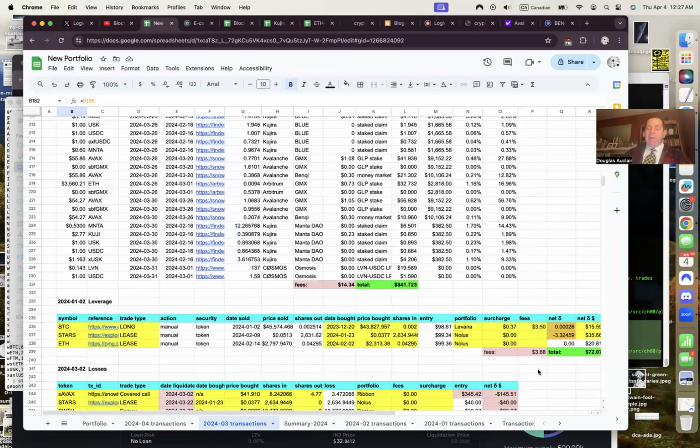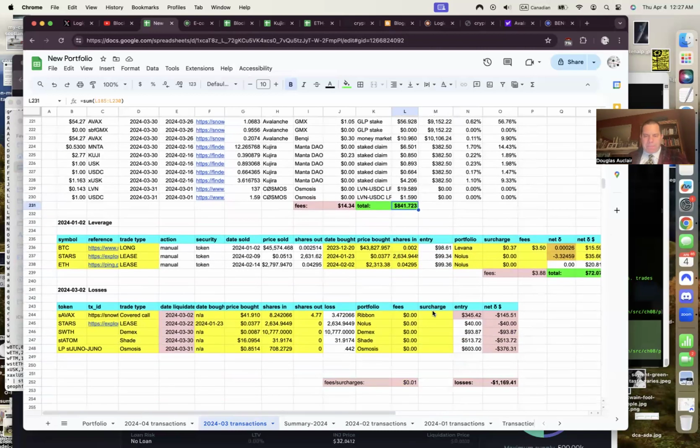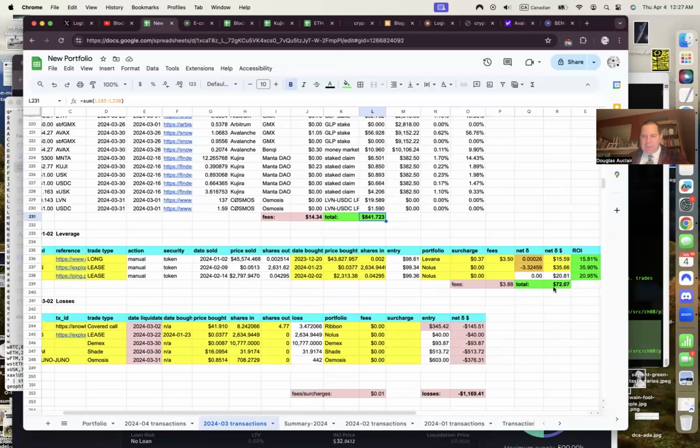So there's profit. So not only did I make money on trades on Team Kujira, but in the month of March 2024, I made $841 in profit from income bearing yields. And leveraging, I made $72.